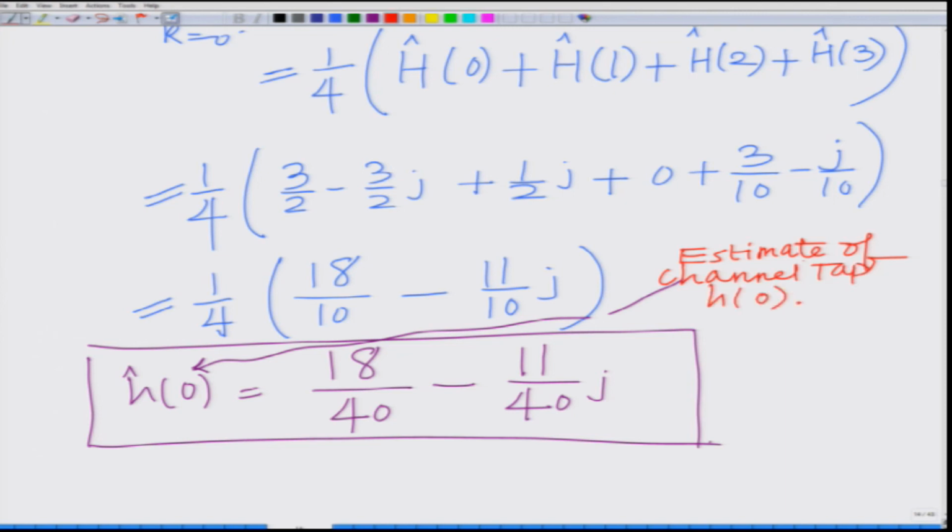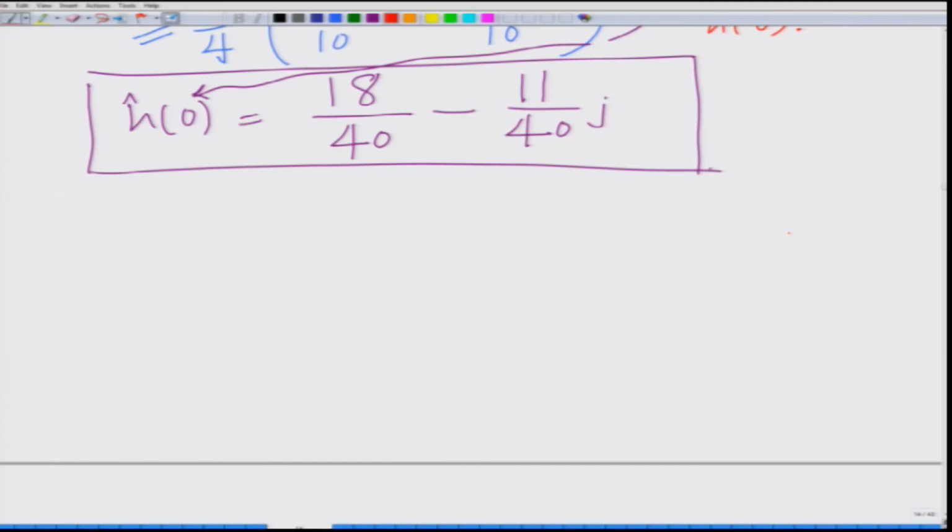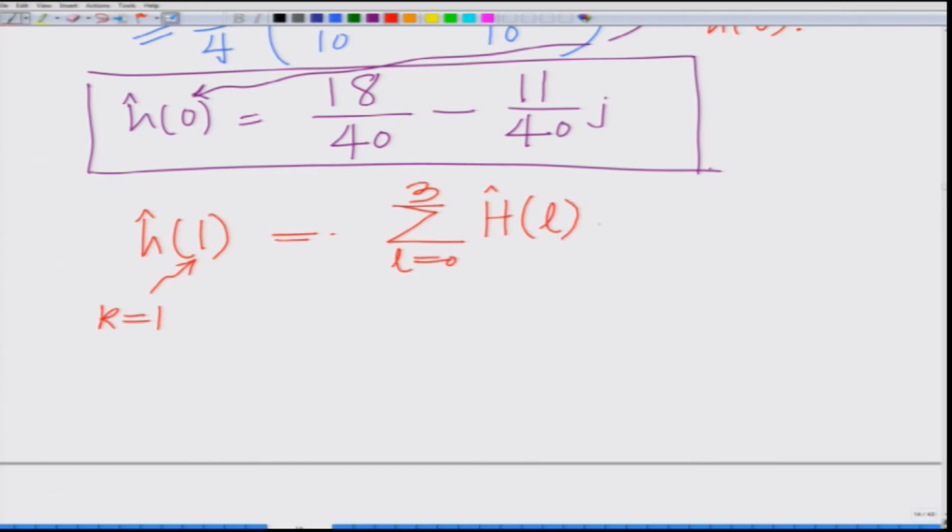H 0, and by the same token, how will we compute H hat 1, which is the estimate of channel tap H 1 corresponding to k equal to 1? That is basically your summation L equal to 0 to 3 h hat of L e raised to, well, the IFFT.